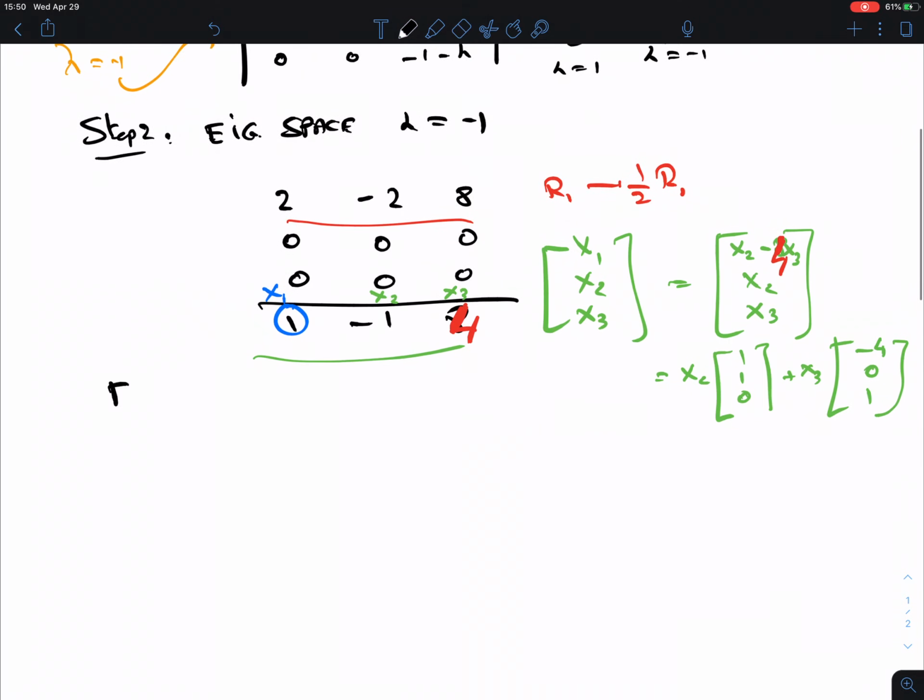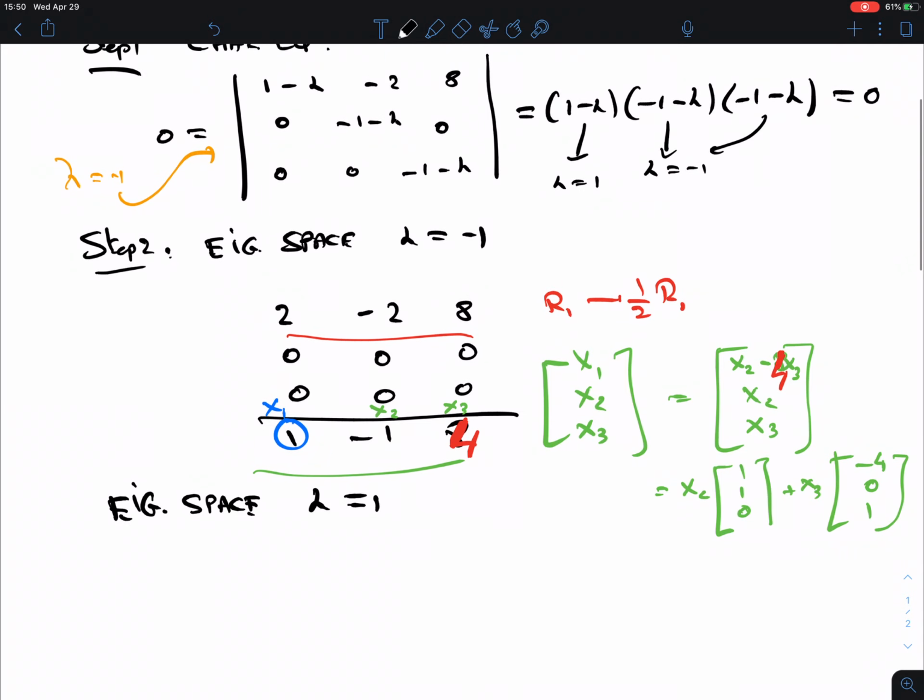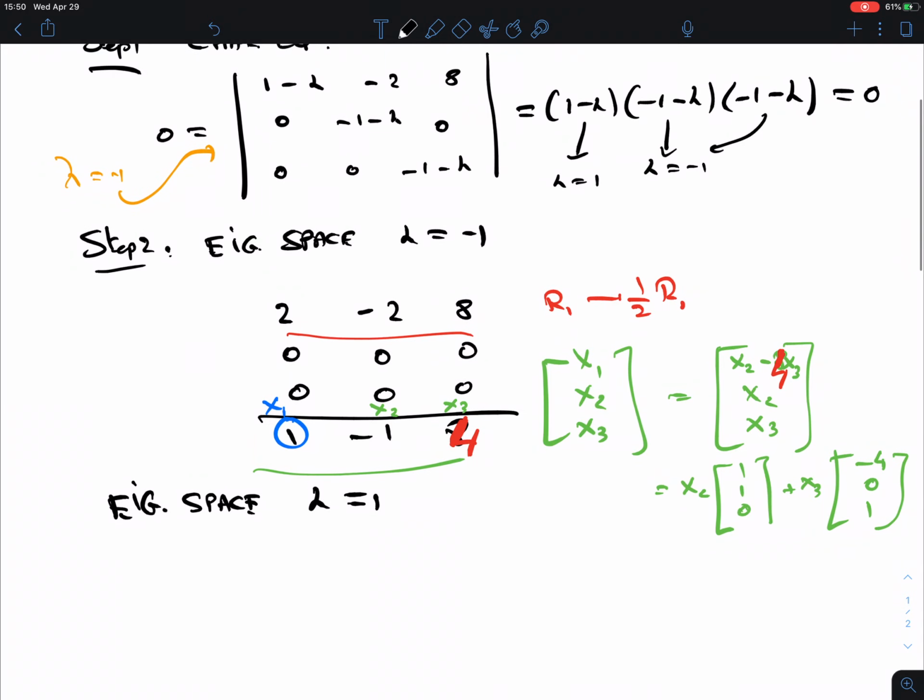And then the eigenspace. You have to pay very close attention to what you're doing here. Lambda equals 1, so we put in 1 in this matrix. We get 0, negative 2, 8; 0, negative 2, 0; 0, 0, negative 2.